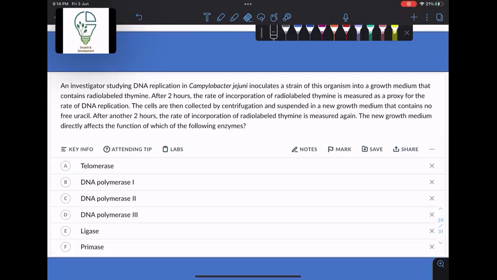And remember, we said that every time a DNA strand needs to be built, we need something called the RNA primase or the RNA primer. The RNA primer, like I said, acts like this ground zero for the DNA polymerase to build on. And for that reason, the answer is primase.